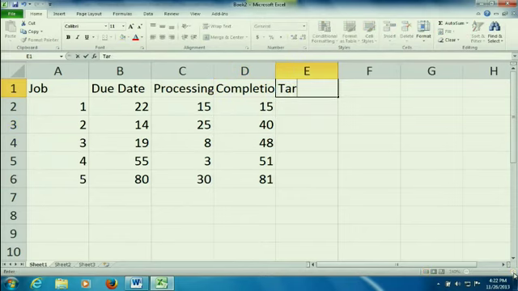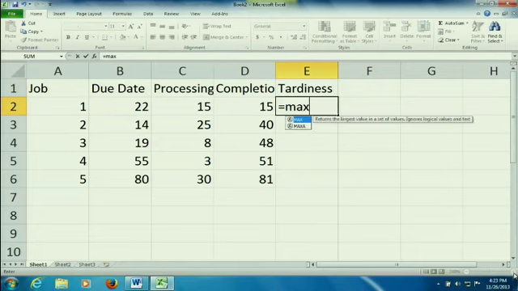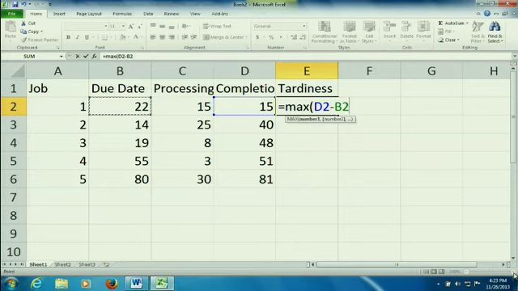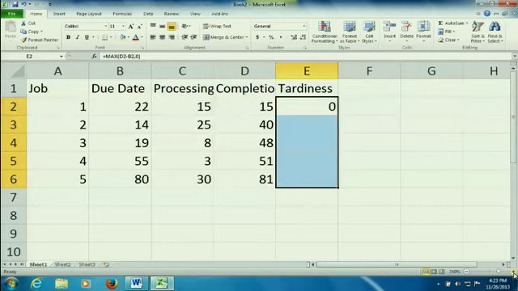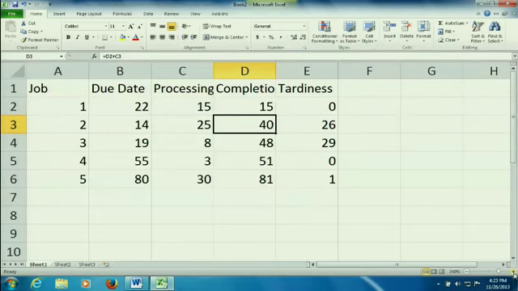What is the tardiness? Well, it would be the maximum of the completion time minus the due date, and 0, right? That job's not late, but this next job completes at time 40 and was due at time 14, so it's 26 units late.